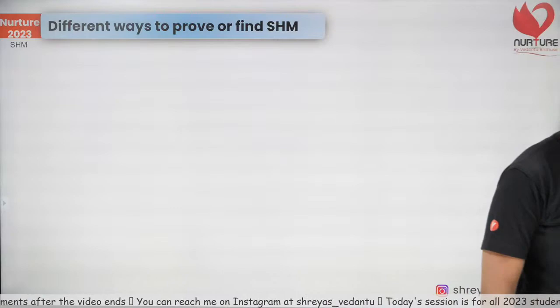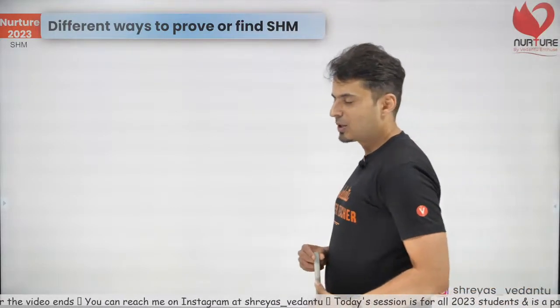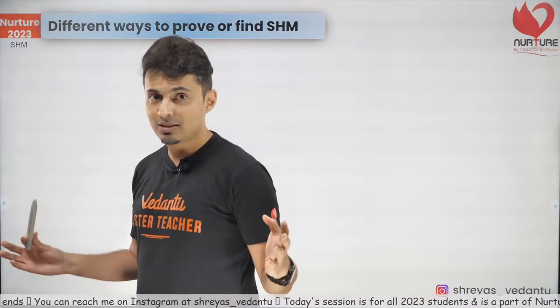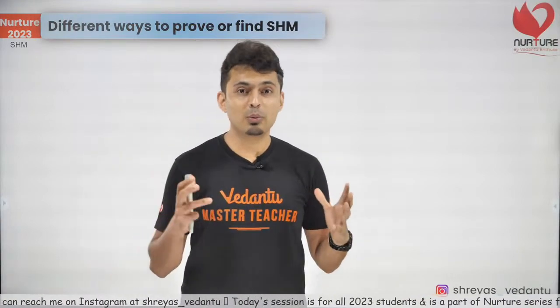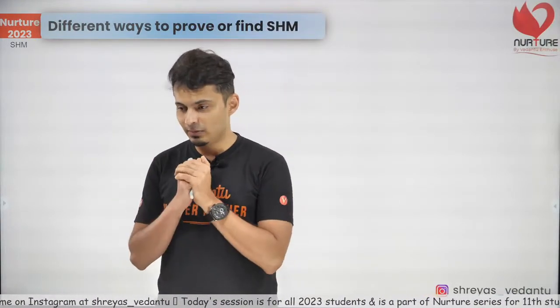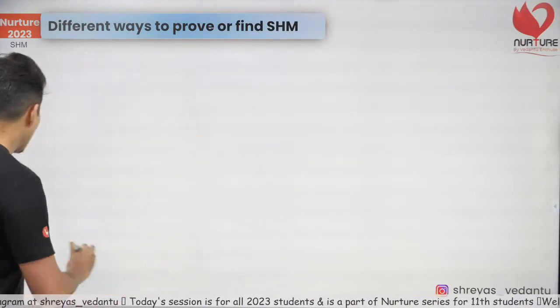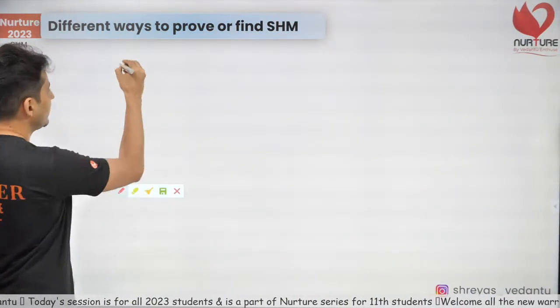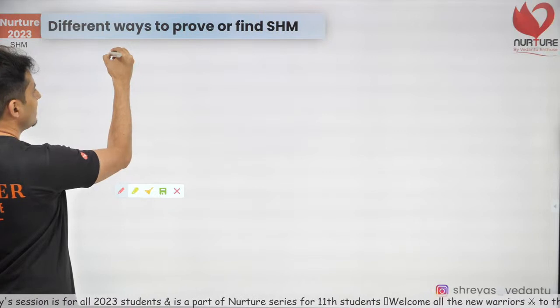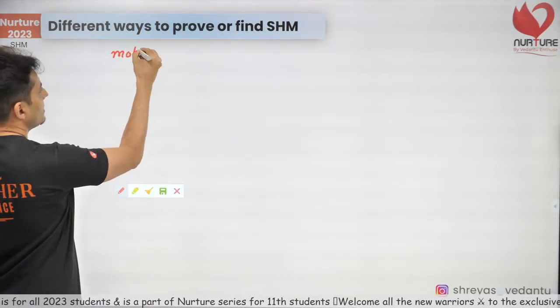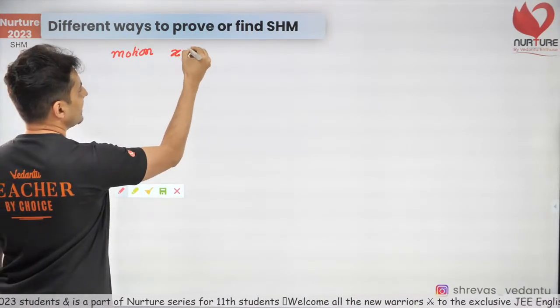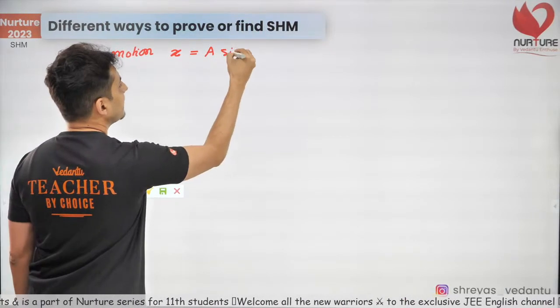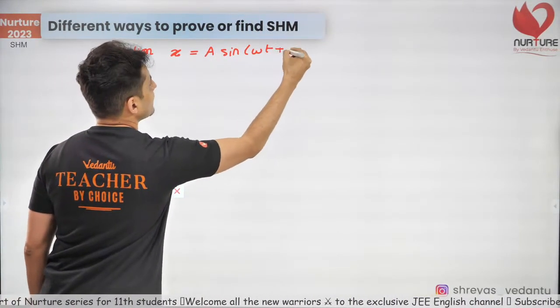Beautiful state. Let's talk about different ways, like I said before, of proving or finding the time period of SHM. See, what are the different things that you have learned till now? One thing you learned is that if it's SHM, then the motion will be something like this: x is equal to a sine omega t plus phi.